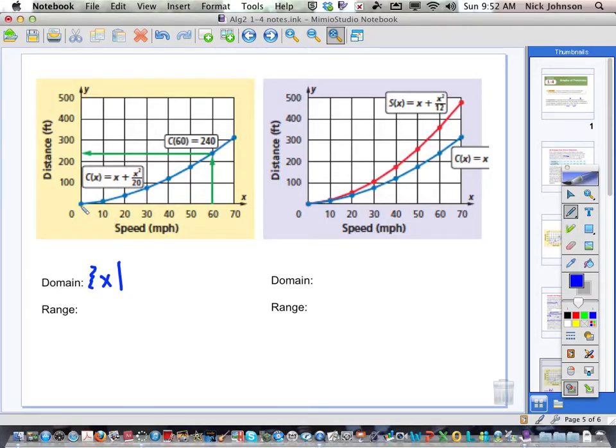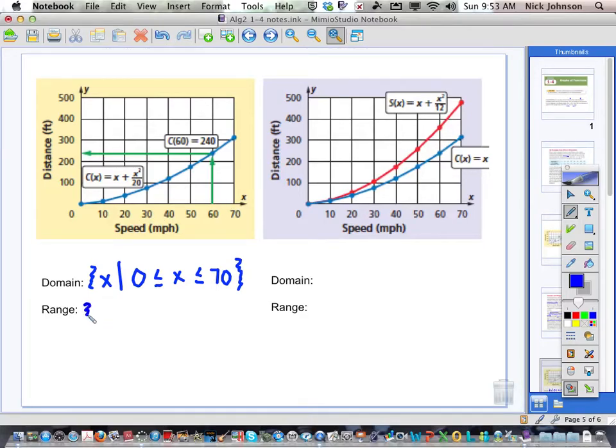Our x values go from 0 all the way to 70. So it's 0 is less than or equal to x because it can equal 0, and is less than or equal to 70 because it can't go anywhere above 70. So that is my domain. It's the values that my x values can be.